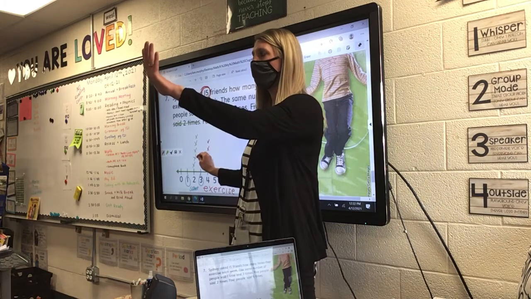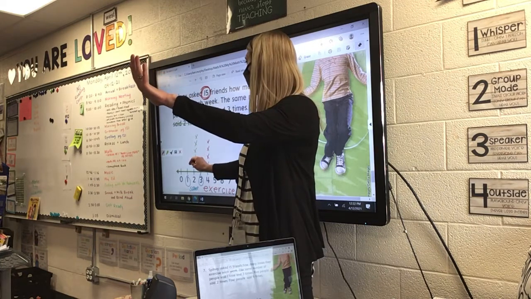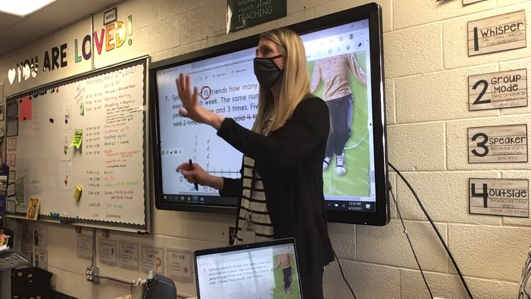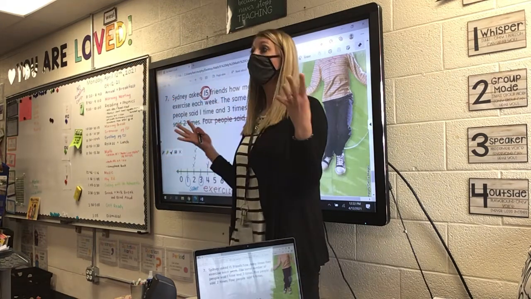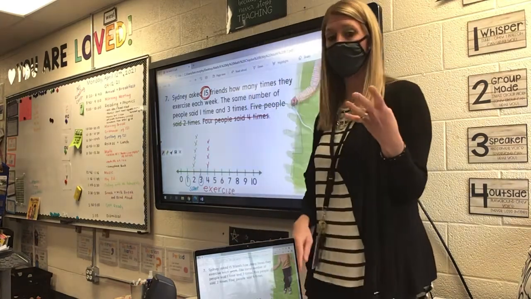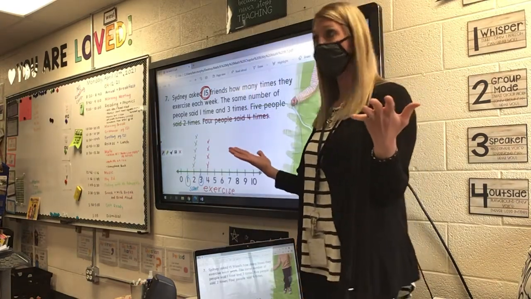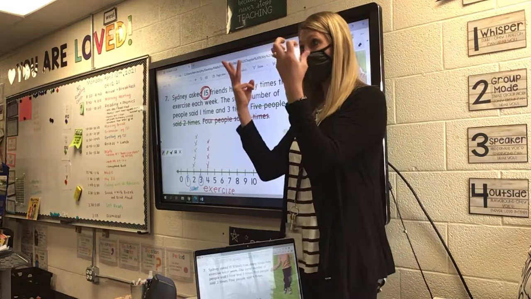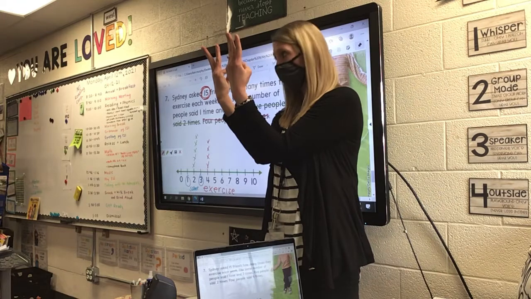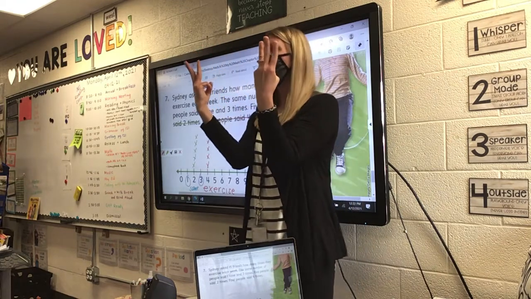I have 5 here and 4. 5 plus 4 is 9. If you go 6 more from 9, you get to 15, and then if you cut it in half, you have 3 and 3, so it has to be 3 on both of those.